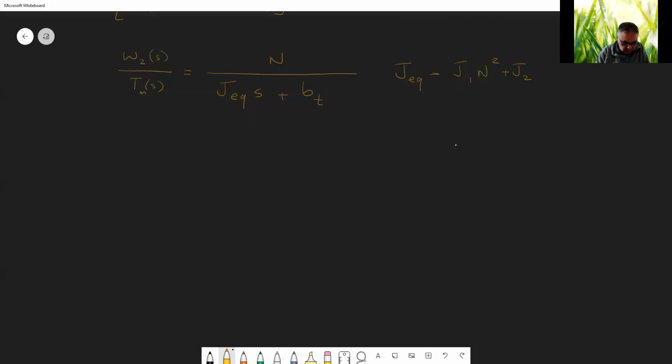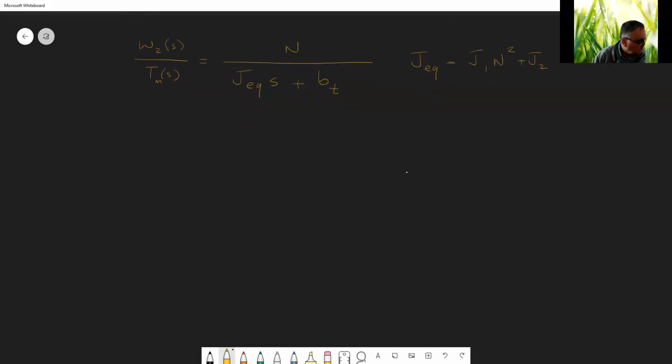So there are other examples of these in your book. And there are other things which I'm not going to go on to, which is the operational amplifiers and so on. So much for the mechanical systems, actually. This is as much as we will cover them. Are there any questions?